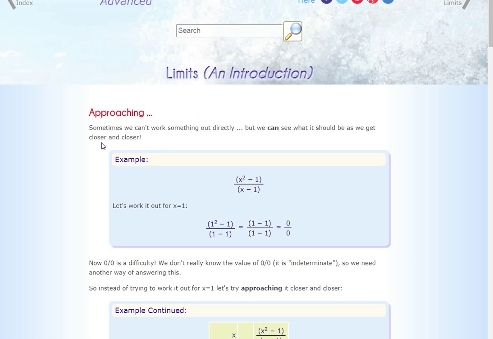Okay, so limits are useful when we can't work out something directly, but we can see what happens as we do what? Get closer and closer to a certain value. So that should be something that you have written down on your note guide.